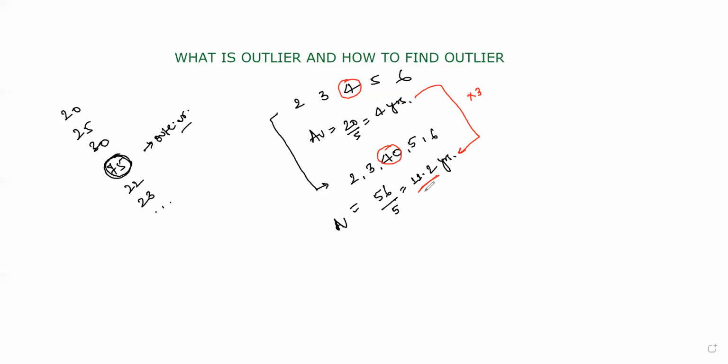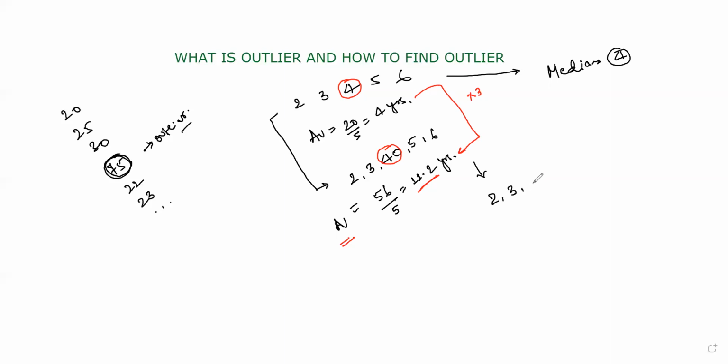Now, if in place of the average we take the median value, let's see what happens. Median is nothing but the middle value, but your data should be arranged in ascending or descending order, meaning your data should be sorted. This data is already sorted. If I take the median of this, it will be 4, right? And if I take the median of the other, I need to first arrange my data.